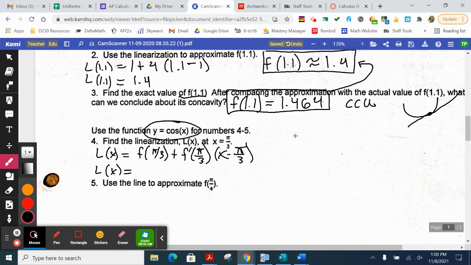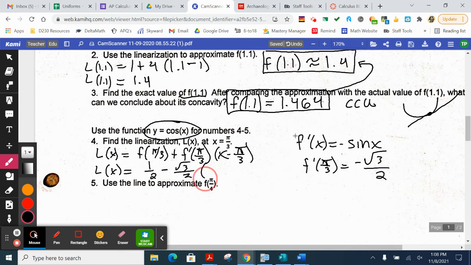You remember that from back in the day? Good, 1/2. And then we want the derivative value. So that's a negative sign. So that would have to be negative what? Yeah. If the one is 1/2, this one's going to have to be root 3 over 2. So we'll do minus root 3 over 2, and then x minus pi over 3. All right.